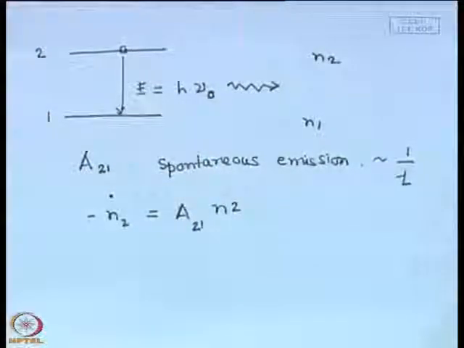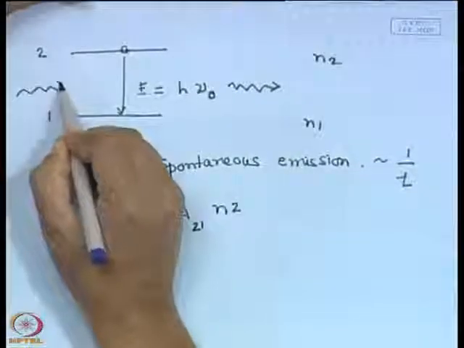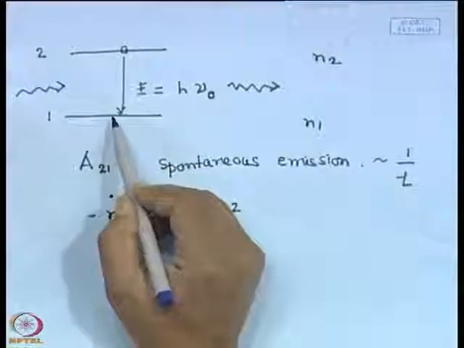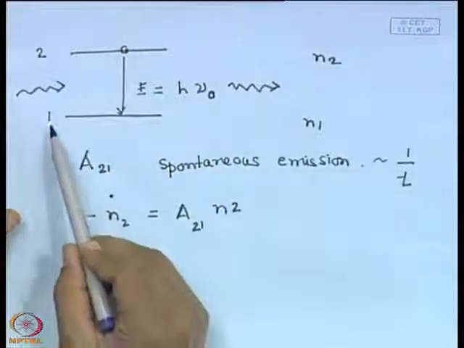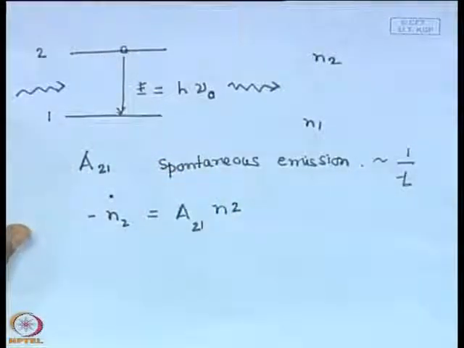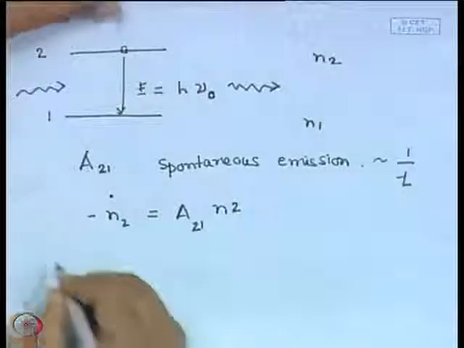Now in the presence of incident radiation, so if there is some external radiation incident on this system, this could also cause the system to go from the ground state to the excited state. This is the excitation of the system, and it is given by what is called a B coefficient.